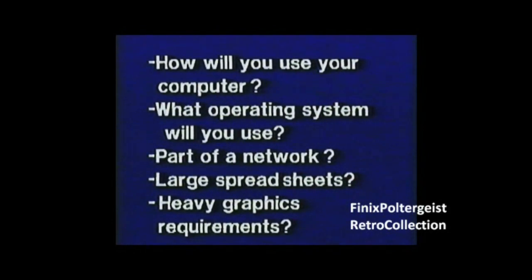Will you be using MS-DOS, OS/2, or Unix? Or will you use one of the Apple operating systems? Will your machine be a part of a network or will it stand alone? If in a network, will your machine be a workstation or a network server? Large spreadsheets or scientific applications may require a math coprocessor. Computer-aided design and graphics applications normally require higher resolution video displays and enhanced video cards.